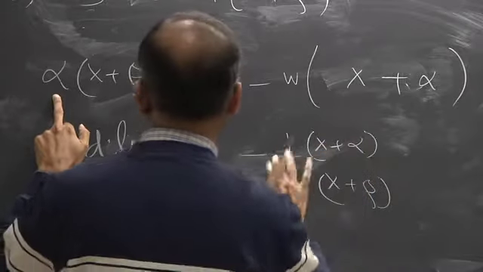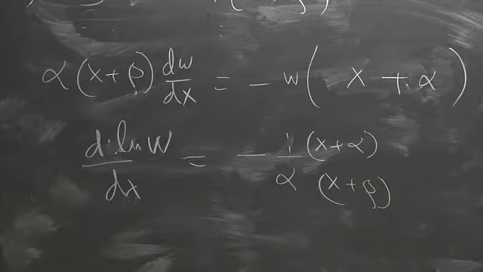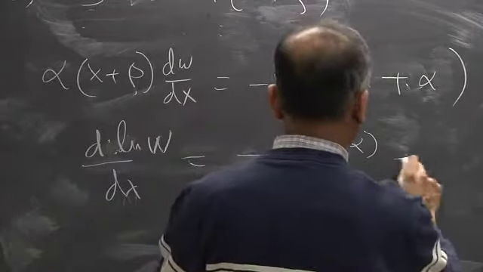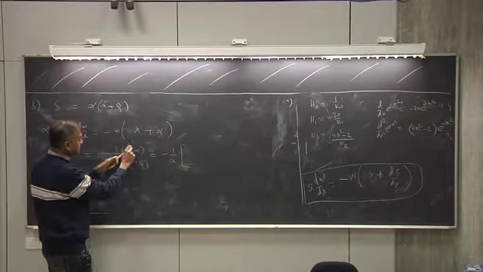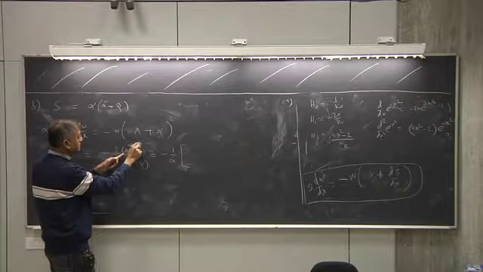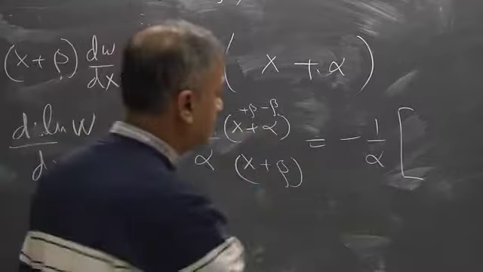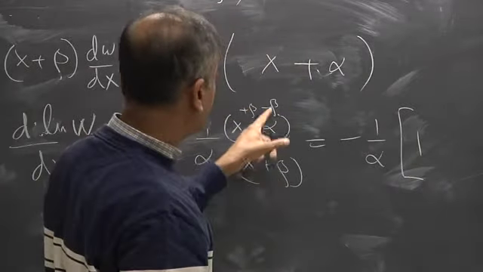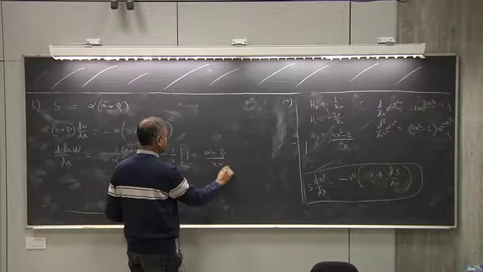I just divide by this and divide by w. What is this? Minus 1 over alpha is outside, and here I can add and subtract a beta. So (x plus beta) divided by (x plus beta) is 1, and the other remaining thing is (alpha minus beta) divided by (x plus beta).